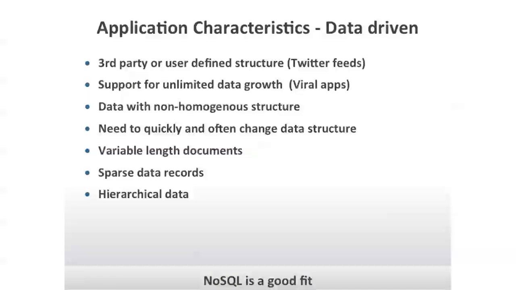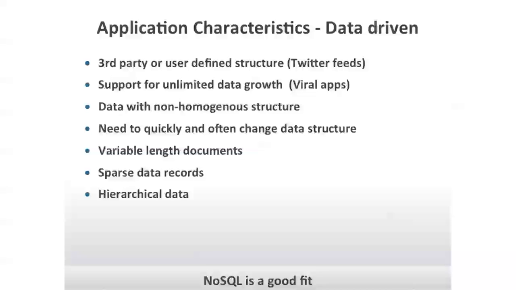Also we have seen that if your application is changing a lot, if your data structure changes very quickly, then in the relational world it's almost impossible, because every time you have to bring down your entire database to make the changes. Whereas in case of the document database, making those changes is very simple.